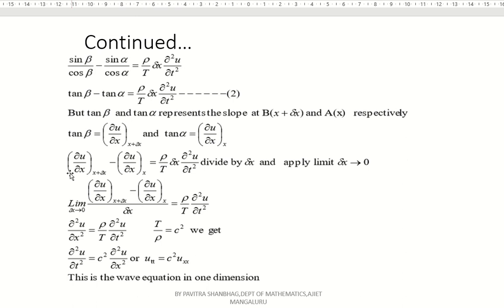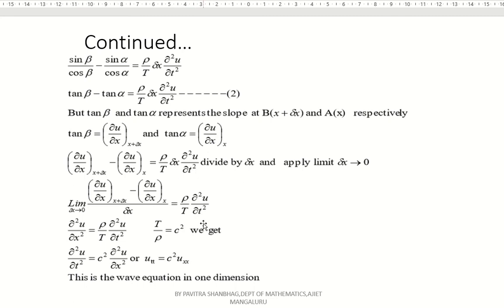Now just divide throughout by delta x to eliminate this part and apply the limit as delta x tends to 0. What will you get? Limit of dou u by dou x at the point x plus delta x minus dou u by dou x at the point x, divided by delta x, as delta x tends to 0, equal to rho by T. Here delta x gets cancelled because we are dividing, right?